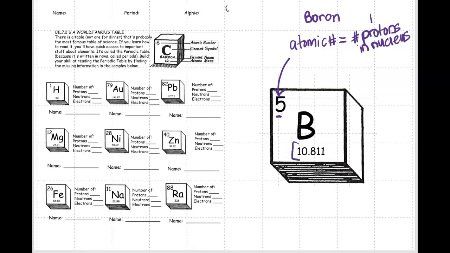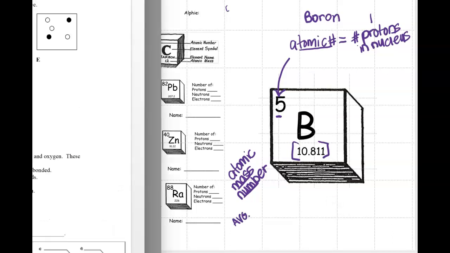This number right here, if you remember, is the atomic mass number, or just the mass number. So you have to know the difference between the atomic number and the mass number. And this mass number is the average of all the forms of boron. So that's why it's not an even number.